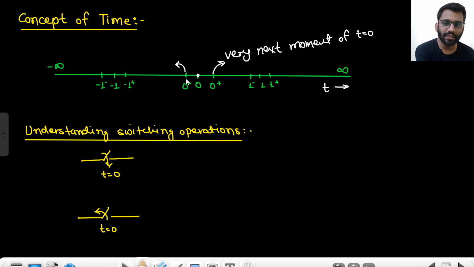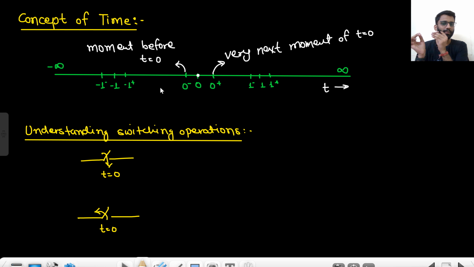And what is t equals 0 minus? The moment before t equals 0. Just before t equals 0 is t equals 0 minus, and just next moment is t equals 0 plus. Same with t equals 1. What is 1 plus? The very next moment.